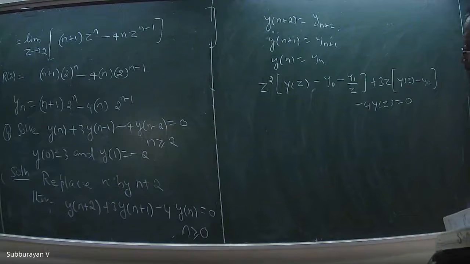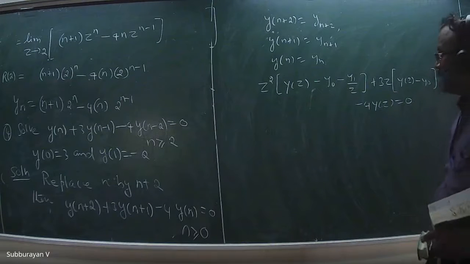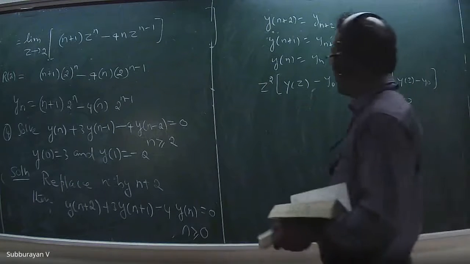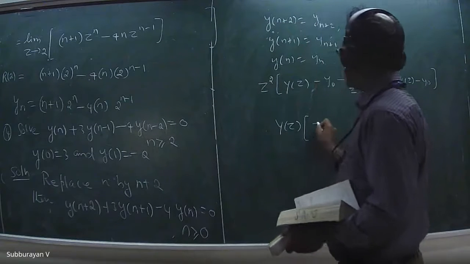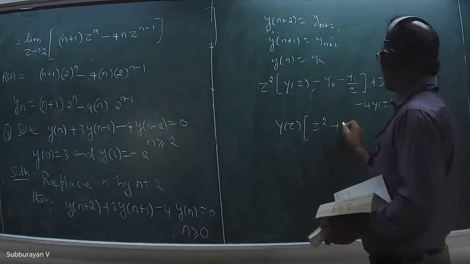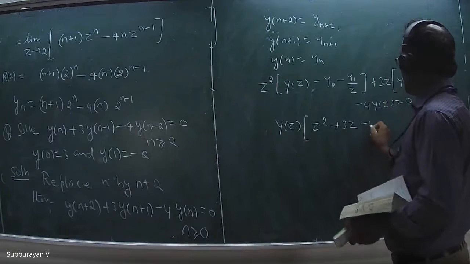You collect the coefficient of y of z and write down what is your y of z. Y of z into z square plus 3z minus 4.